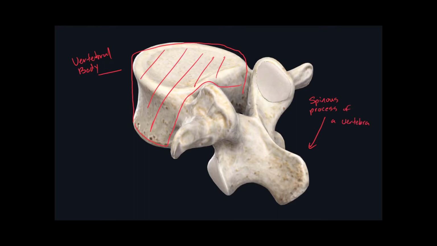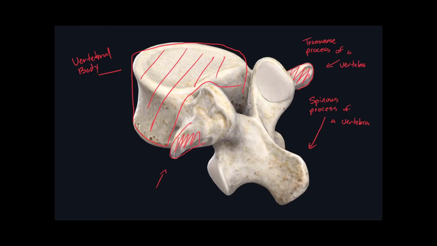Following the spinous process, we have these 2 projections coming out laterally, and these are called transverse processes of a vertebra. And again, those are these projections coming out laterally.